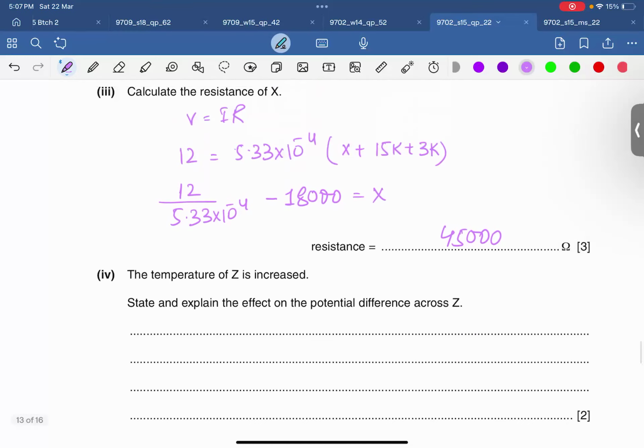Even if you take 12 divided by 5.33 exponent negative 4 and subtract 18,000, I am also getting 4451.07. It should be around 45. Okay, 4514.07. Yes, that's right. Okay, fine.